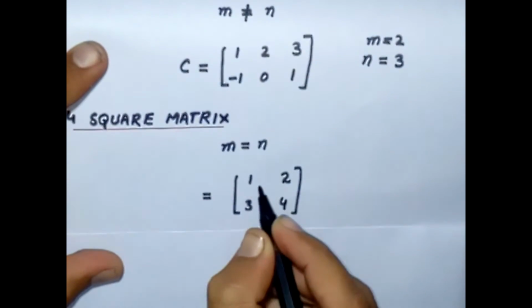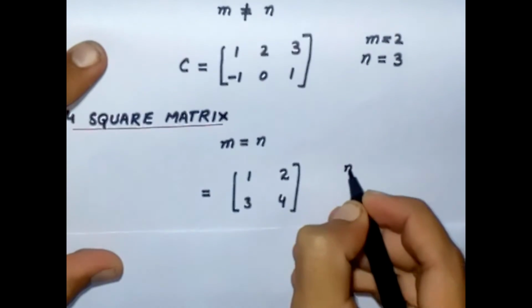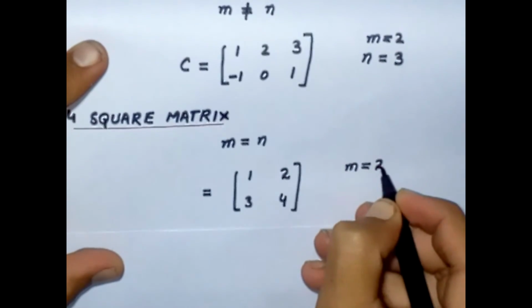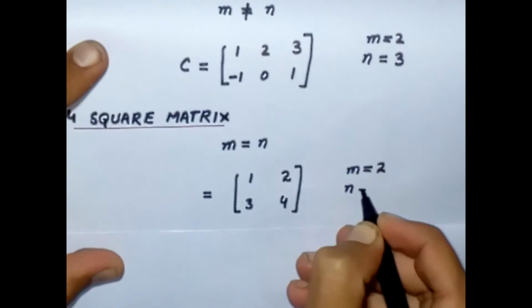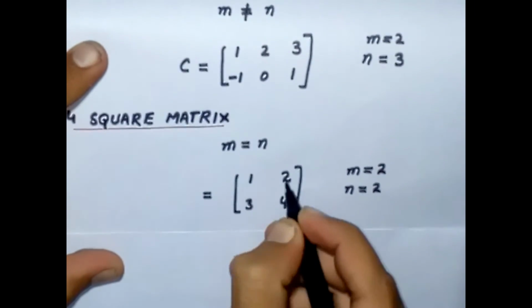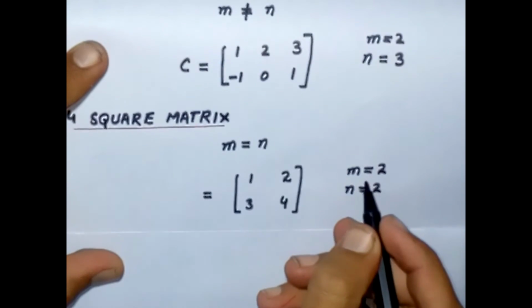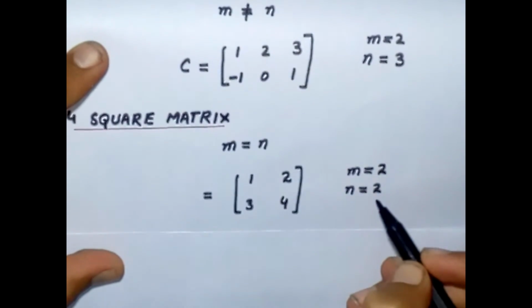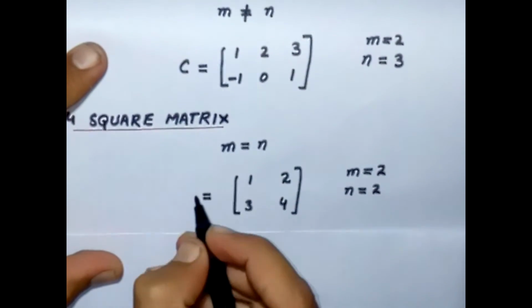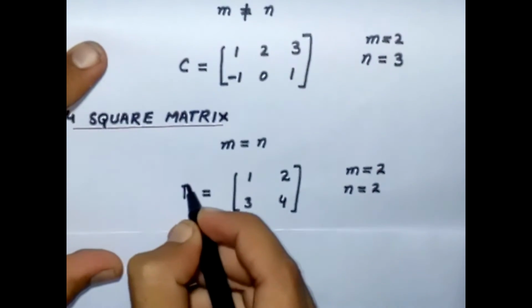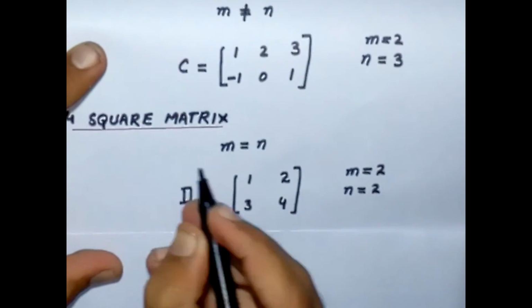In this matrix we have two rows, so the value of m is 2. We have two columns, so the value of n is 2. Since they are both equal, m is equal to n, so this matrix is a square matrix. Let's give the name, so D is a square matrix.